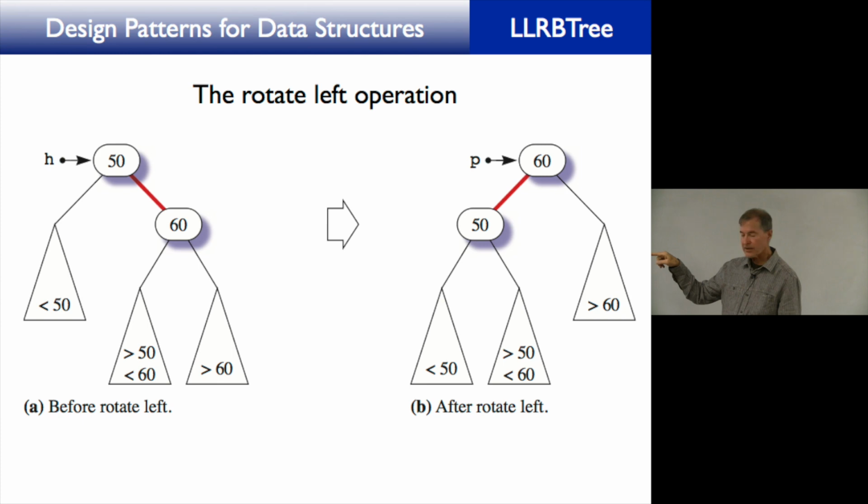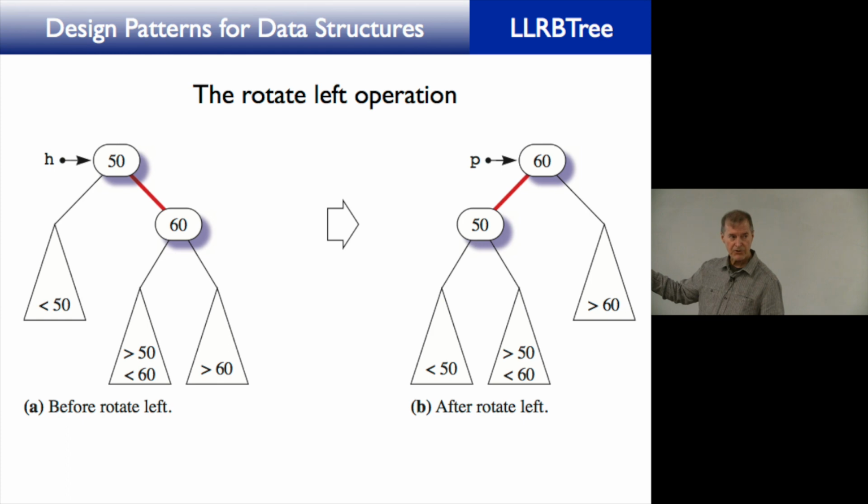These triangles represent subtrees. All the values in the left subtree of 50 are less than 50. All the values in the left subtree of 60 are greater than 50 but less than 60, and all the ones to the right of 60 are greater than 60. So you see that this is ordered.